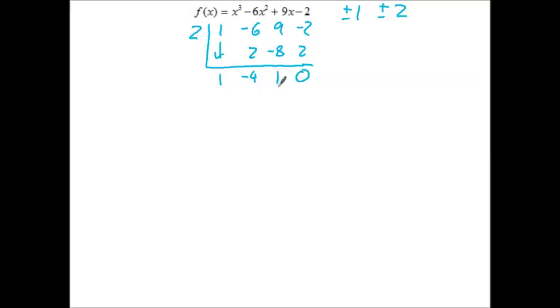And guess what? This worked. So that tells us that 2 is a zero. So we can write down our partially factored function. F of x is equal to x minus 2 times, now let's use our coefficients here from the result of our synthetic division, and starting off with a cubic function, we now have a quadratic function, 1x squared minus 4x plus 1.